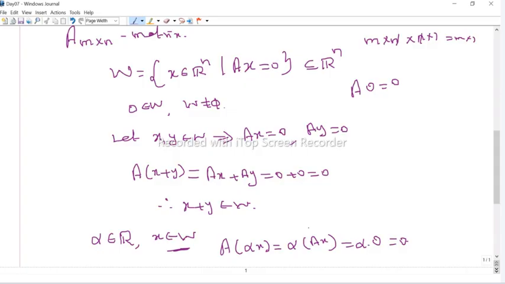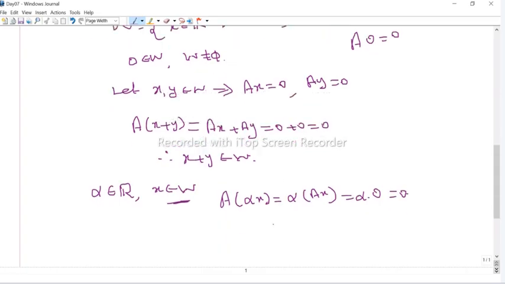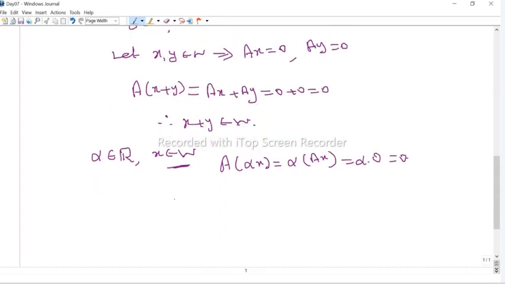Therefore, alpha x is also a solution. So for any scalar alpha and any element x in W, the product is in W. Therefore, W is a subspace. Therefore, the set of all solutions of the homogeneous equation forms a subspace of Rn.